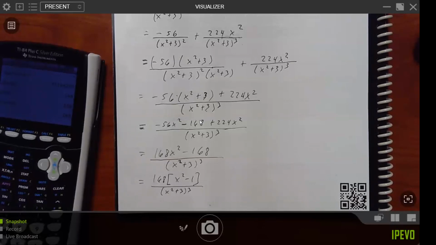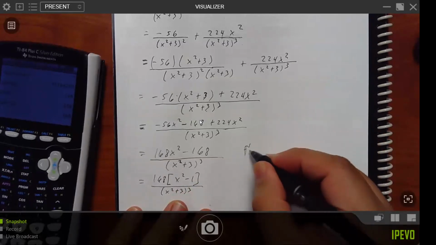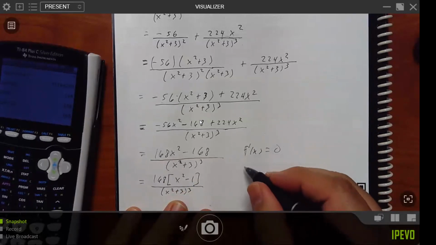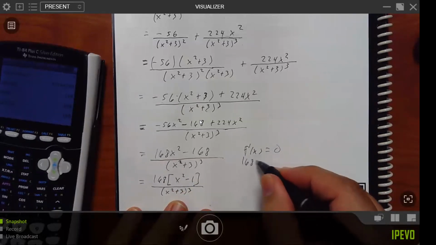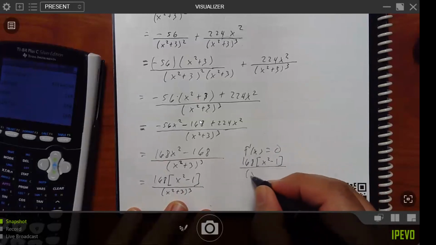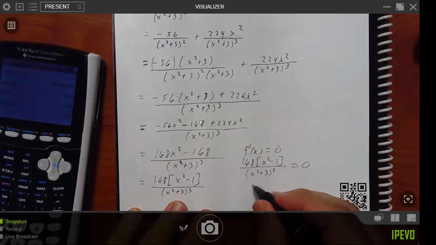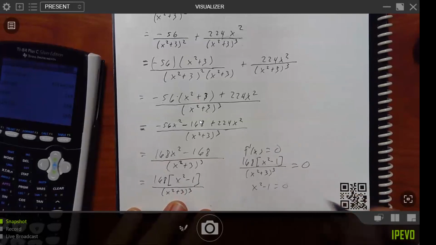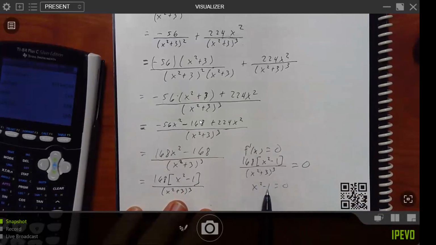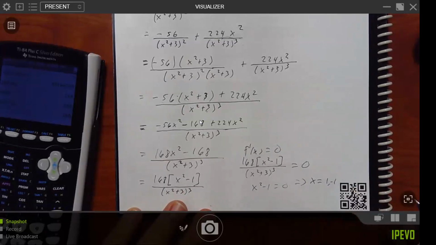Okay, so right here at the end, we have a possible 0, right? When we set the second derivative equal to 0, the only time this will be 0 is when this part is 0. So x is 1 and negative 1.